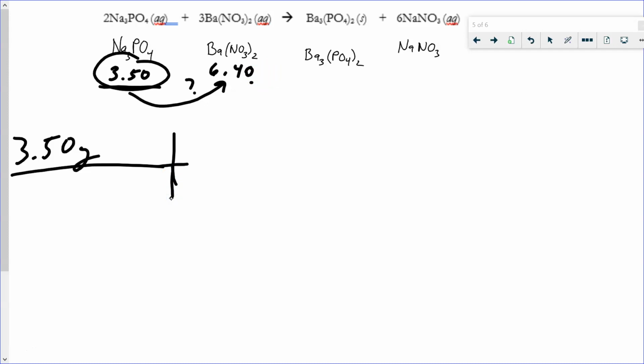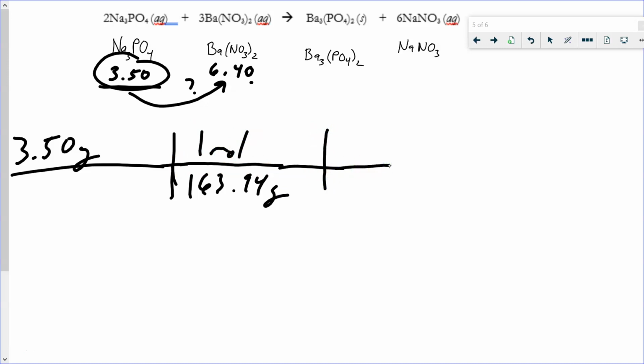So we're going to go ahead and go through 163.94 grams of the sodium phosphate is 1 mole. All right, and we'll use the mole ratio, so 2 moles will produce 3 moles of the barium nitrate. All right, and the last step is to get that to grams.